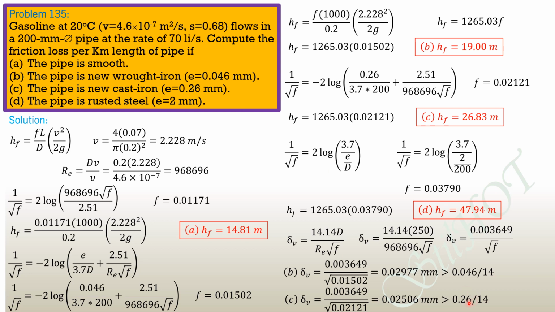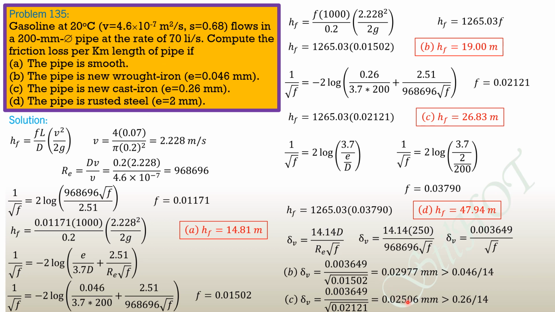So 0.26 over 14 is less than the thickness of the viscous sublayer, and the thickness of the viscous sublayer is less than this absolute roughness given. So that's the reason why our assumption for parts B and C was correct.